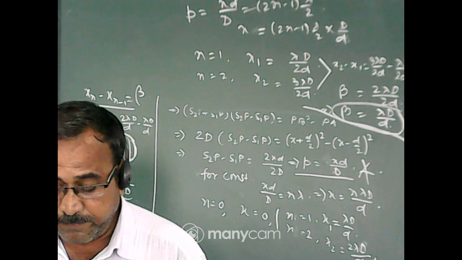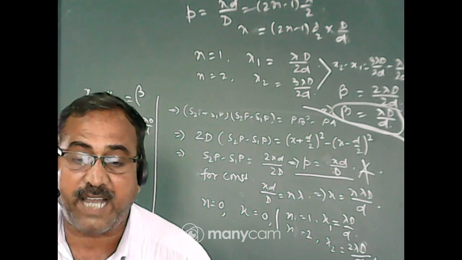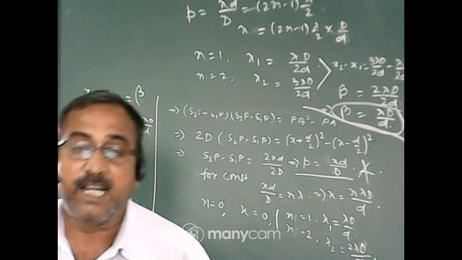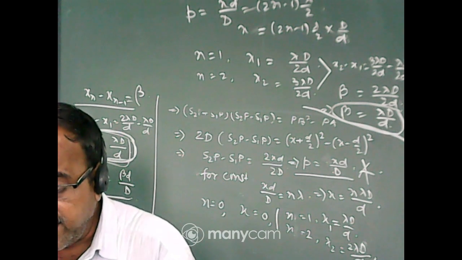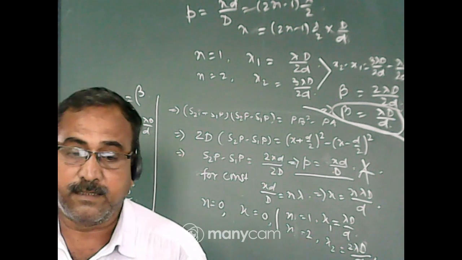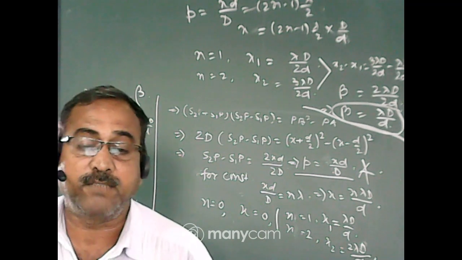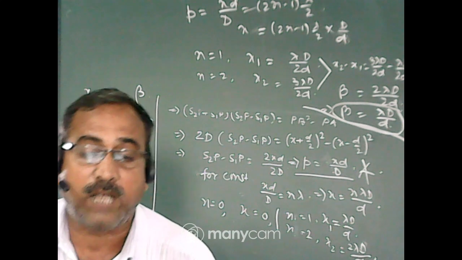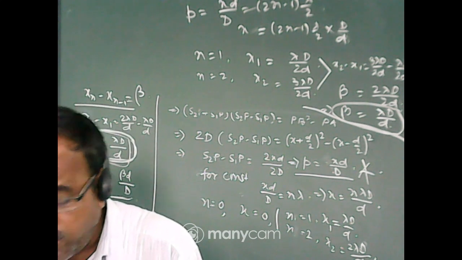Fringe width is the separation between two successive bright or dark fringes. The value of beta equal to lambda capital D by small d. Beta is independent of n. That means it is the first dark or second dark or third dark, it is independent of n, the order of the fringe.